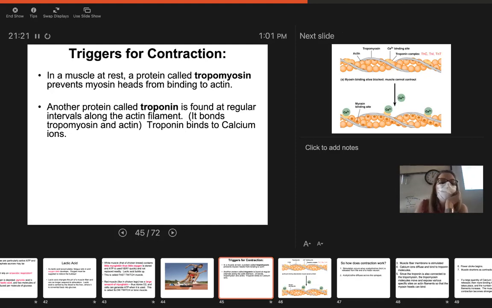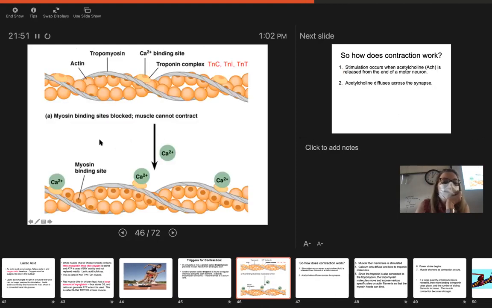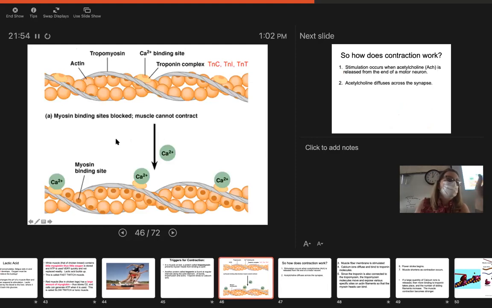So everybody, the troponin binds to calcium ions to pull tropomyosin off the binding sites. If you are absolutely lost, it's in the movie. I promise you it's in the movie. Here we go.